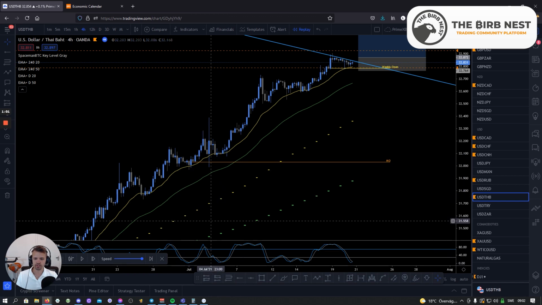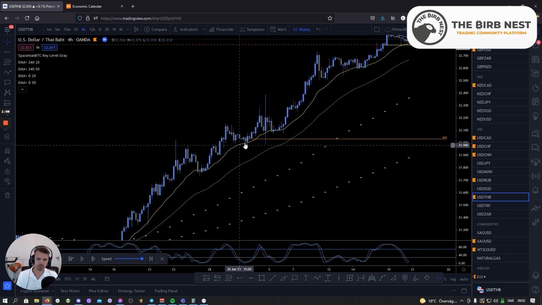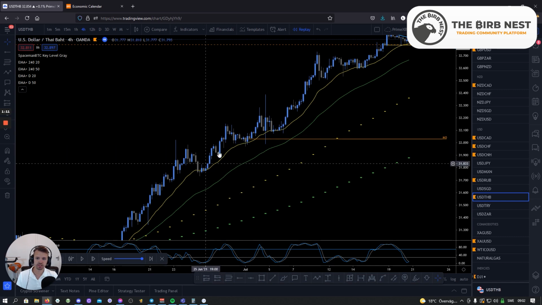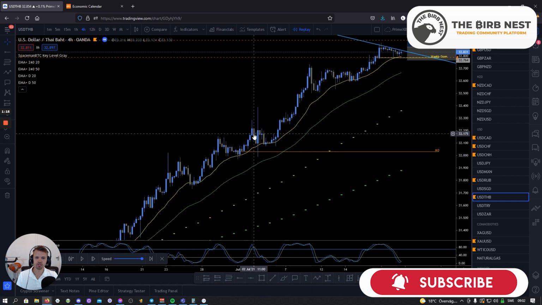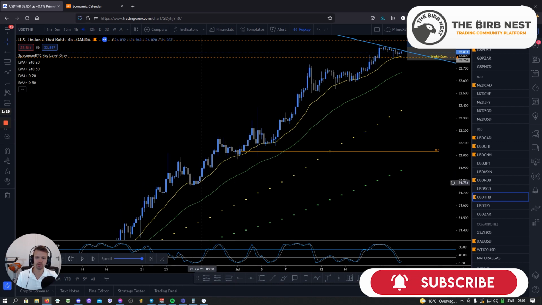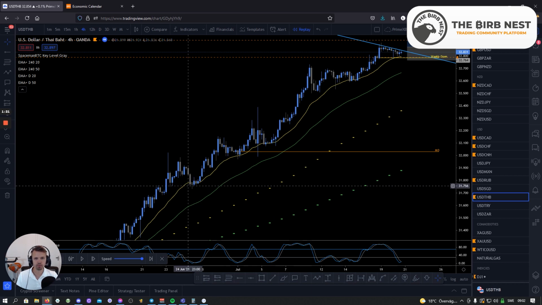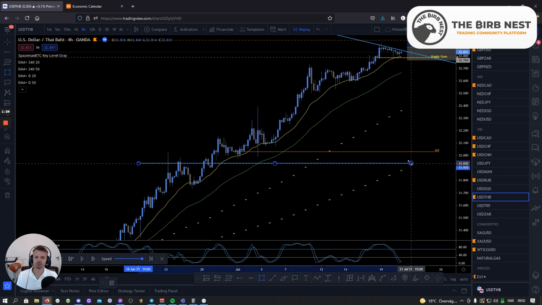And whenever you have a stochastic RSI bull cross below 20 on the bounce, you have, I would say, a high probability that the trend will continue to the upside, especially if that retest happens on a previous SR level. So it's not only a bounce on the 20 EMA in the 4 hour, it's also a break and retest of a horizontal level like this one right here, right?